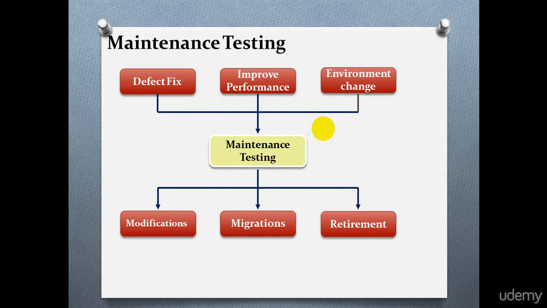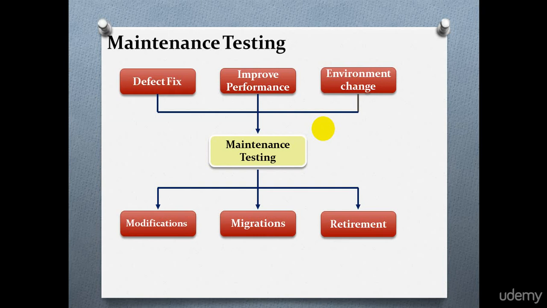This testing is done to make sure that the migrated software works well in the new platform. Say for example, if an existing software in production is migrated to a new environment, then after migration, as a tester, we have to make sure that the new environment and the software are working well.